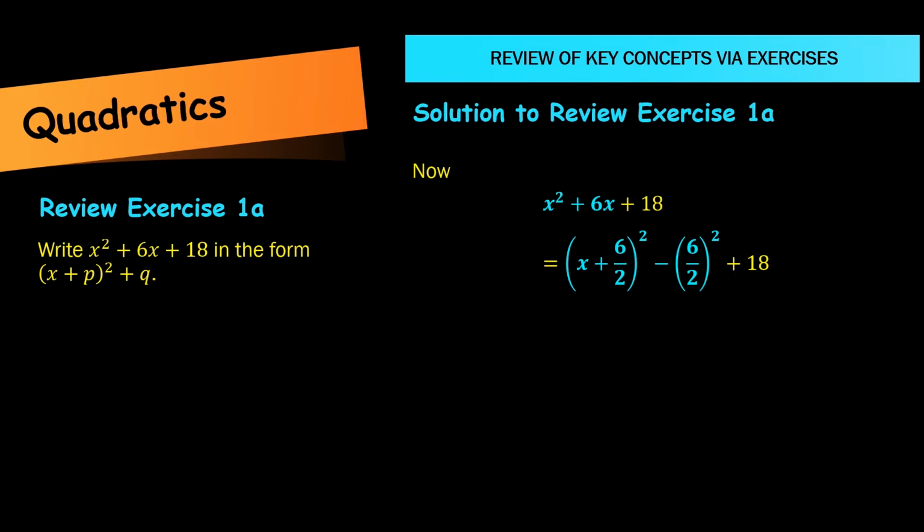Notice that here we've used the completing the square method. This gives (x + 3)² − 3² + 18. And tidying up gives (x + 3)² + 9.